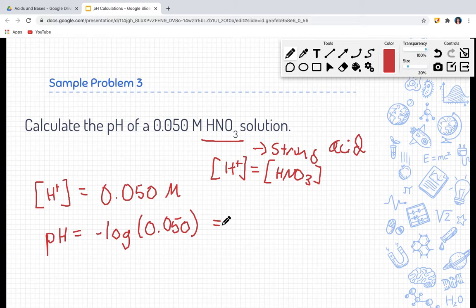Negative log of 0.05. Okay, 1.30. That's a pretty acidic solution there. Okay.